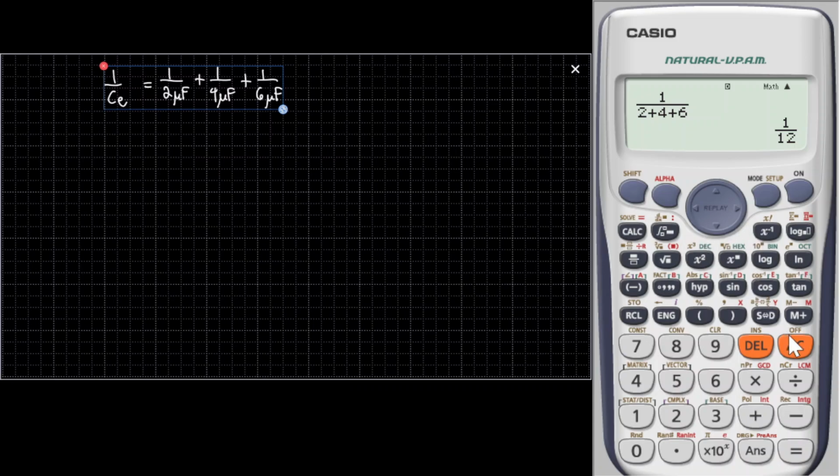This is the wrong way to solve it. Remember, these are fractions, so you need to add them individually: 1/2 plus 1/4 plus 1 over 6, and you will get 11 over 12.